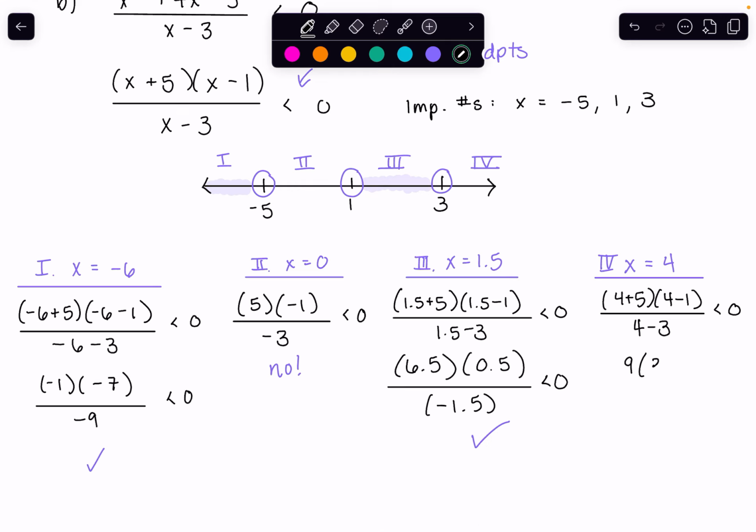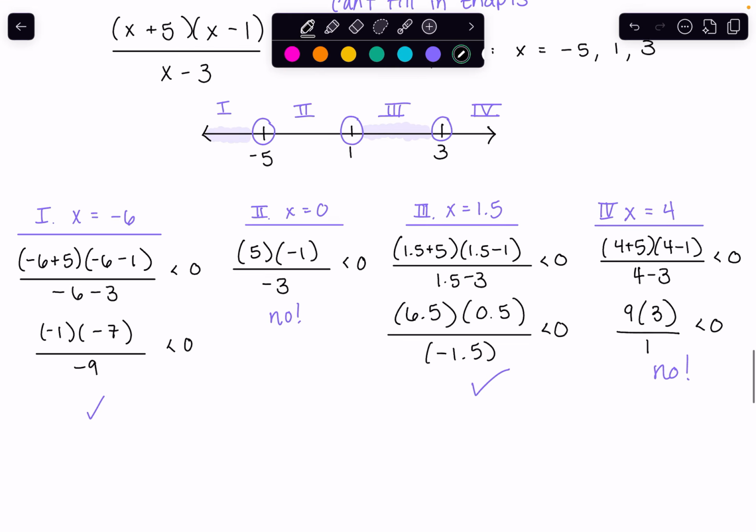That gives me 9 times 3 over 1. So this interval is no good. Okay. So just interval 1 and interval 3 work. So our solution is negative infinity to negative 5. Can't equal anything. And then also 1 to 3.